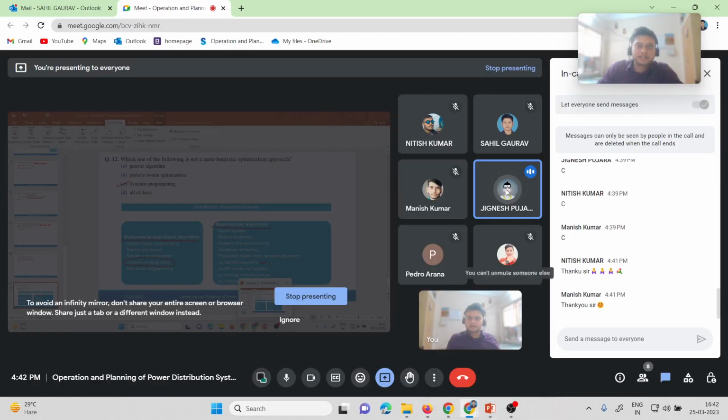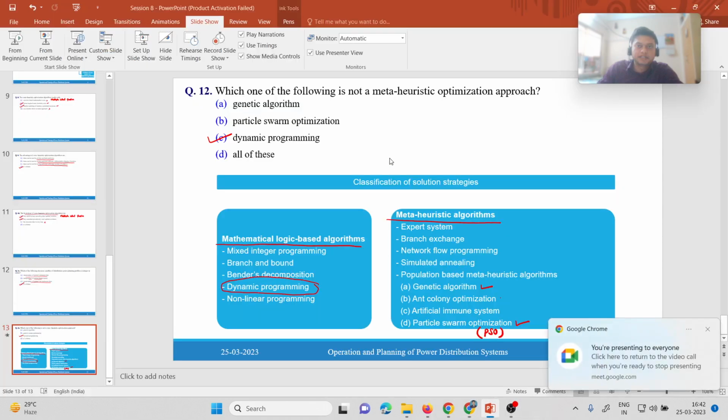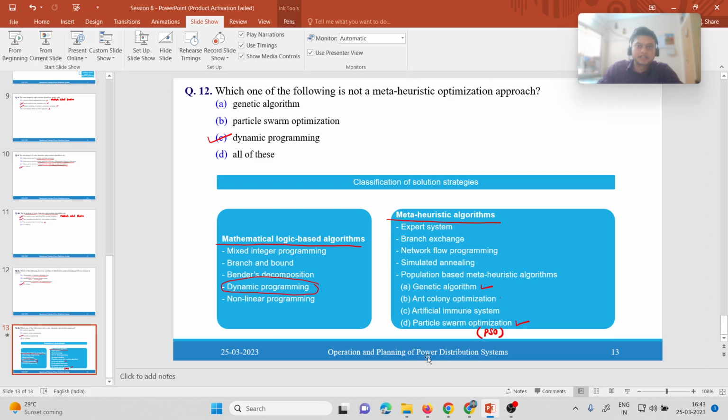Question number 6 is which of the following consume leading reactive power? The right option mentioned is overexcited synchronous generator and capacitor. But according to one leading book, Prabha Kundur, recognized by IEEE also, it is written that the transformer is consuming the leading reactive power.